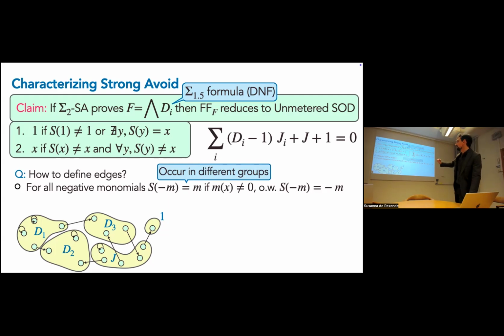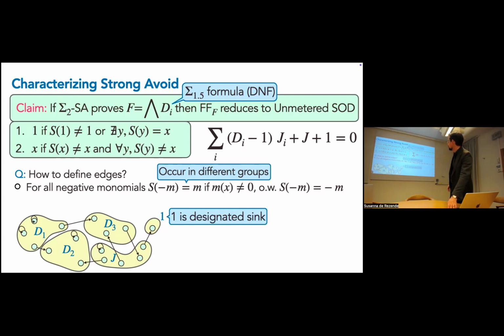These each occur in different groups, because in one of these groups here, you're never going to get a monomial occurring positively and negatively, because that would just be 0. So we can assume that they occur in different groups. They go across like that.